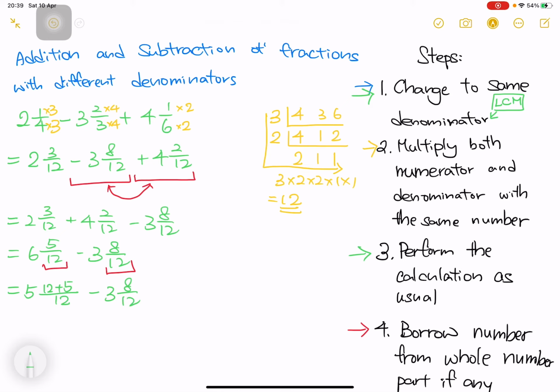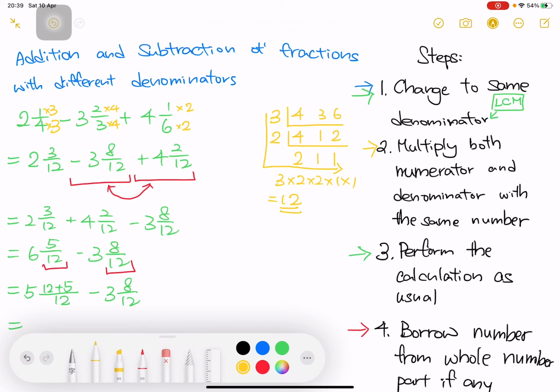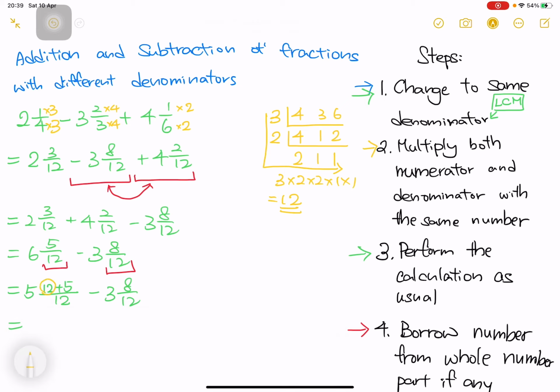Alright, maybe we can talk a little bit about why we have to borrow 12. Because you see that the denominator here is 12. So if I borrow the whole part, it can be cut into 12 parts. So the numerator that you add is 12, because 12 over 12 is equal to 1, which you could add back to the whole number.